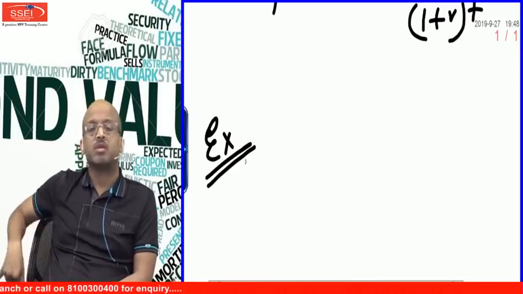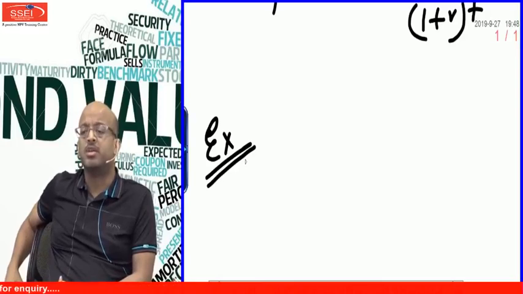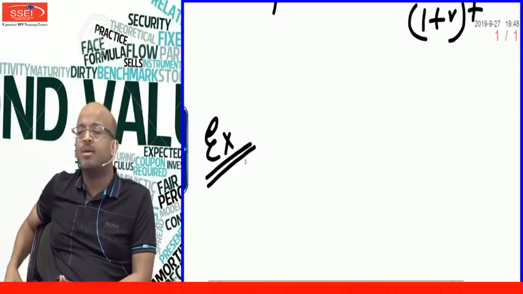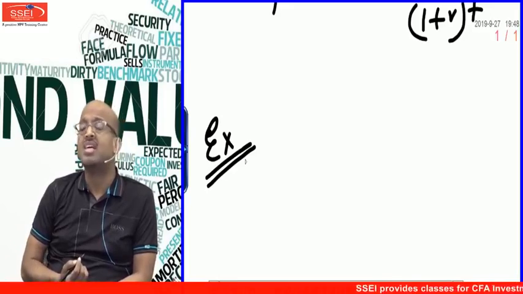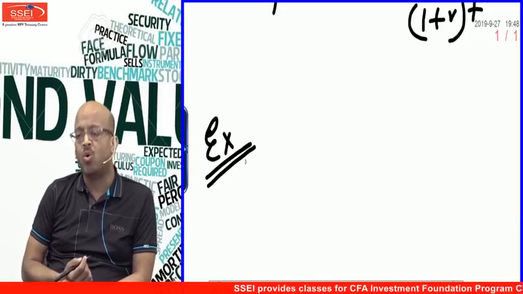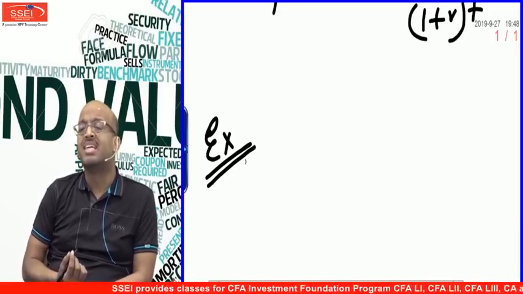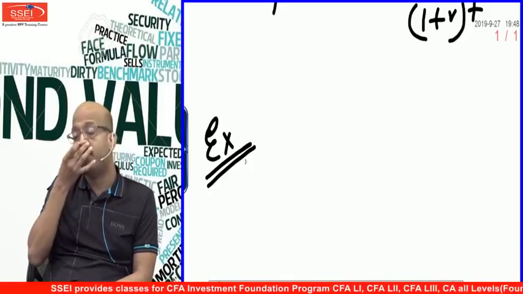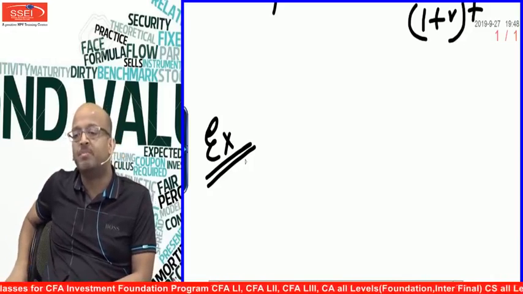Write down. Example. You bought a 10-year bond 7 years ago when the market yield was 11%. Full stop.